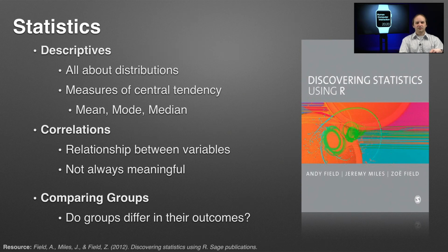And we'll talk a little bit about how that's not always meaningful, but sometimes meaningful. And then we'll finish up with comparing groups, and how you do a real comparison of groups, whether that be two different versions of a user interface, or two different conditions in a study.